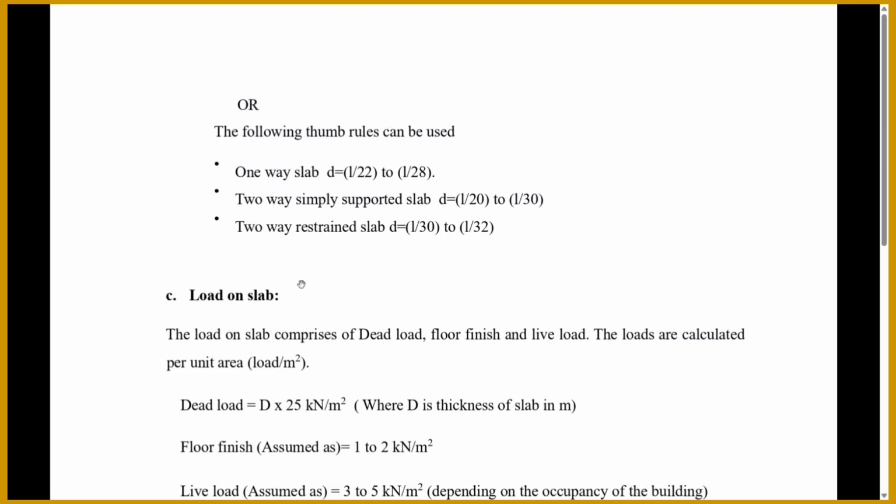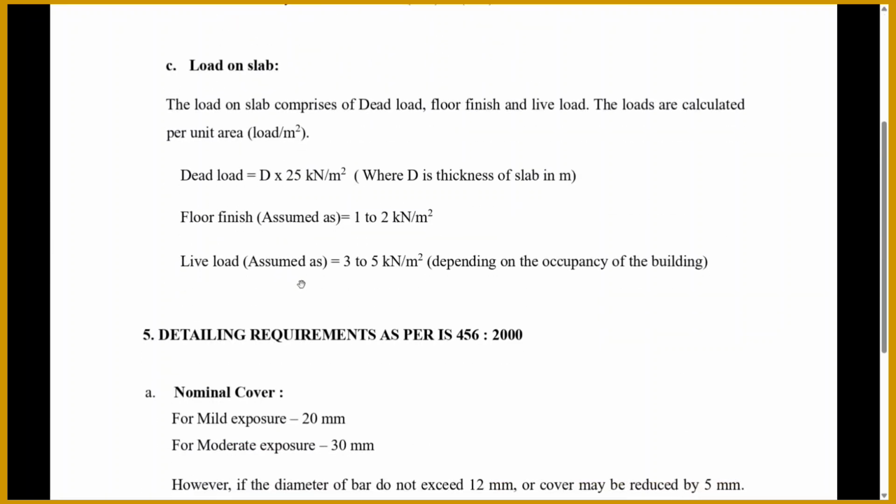Next is the load on the slab. How to calculate the load on the slab? For the calculation, you first calculate the self weight of the slab. Our slab is RCC, so we will take a density of 25 kilonewton per meter cube. Then you have to consider all the loads coming on the slab.